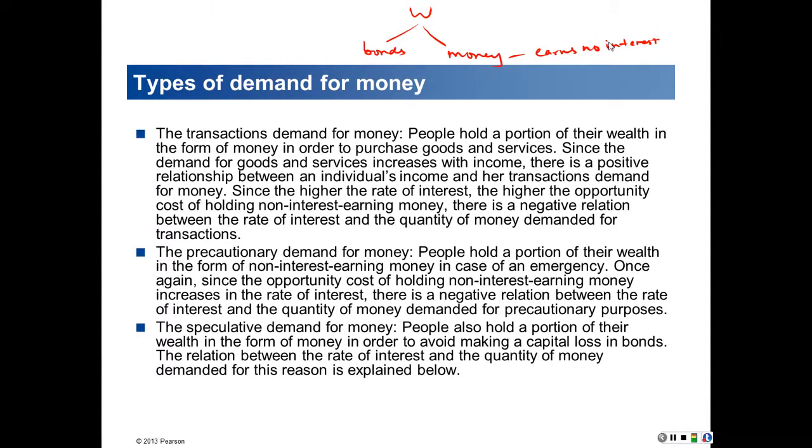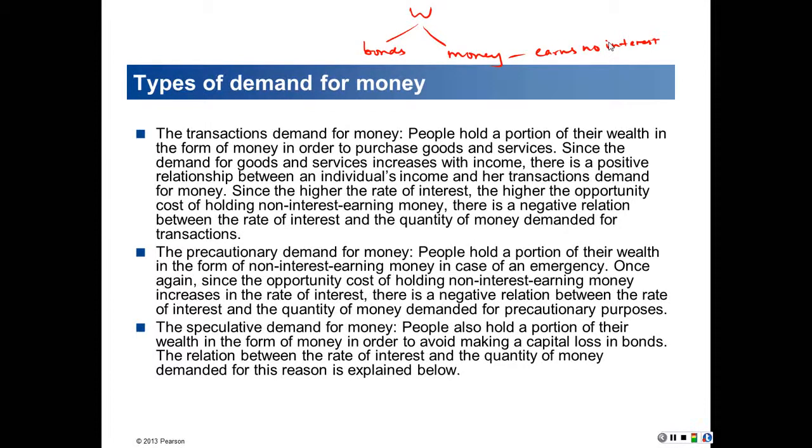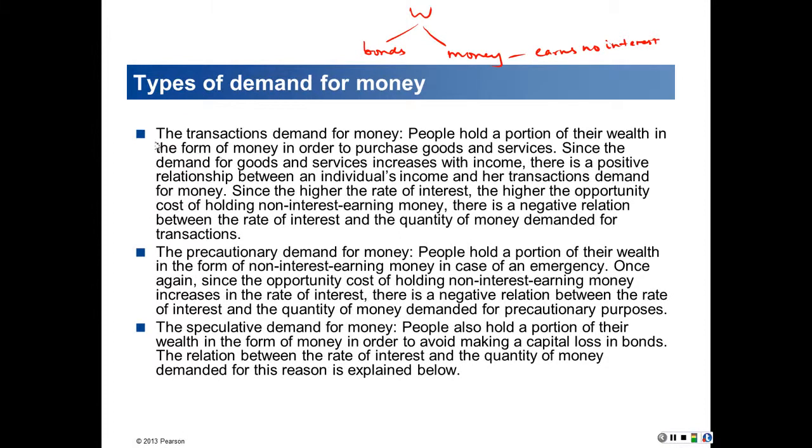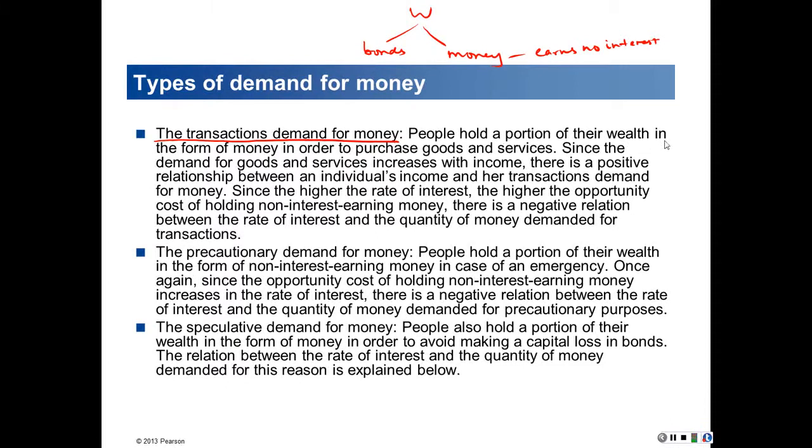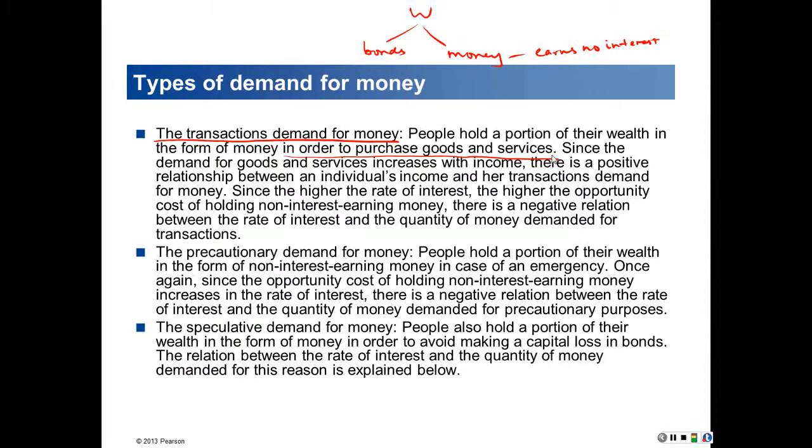The first reason why we decide to hold money, even though we are losing some income, is what's called the transactions motive, transactions demand for money. It says here people hold a portion of their wealth in the form of money in order to purchase goods and services. This is why money was invented, if you recall.